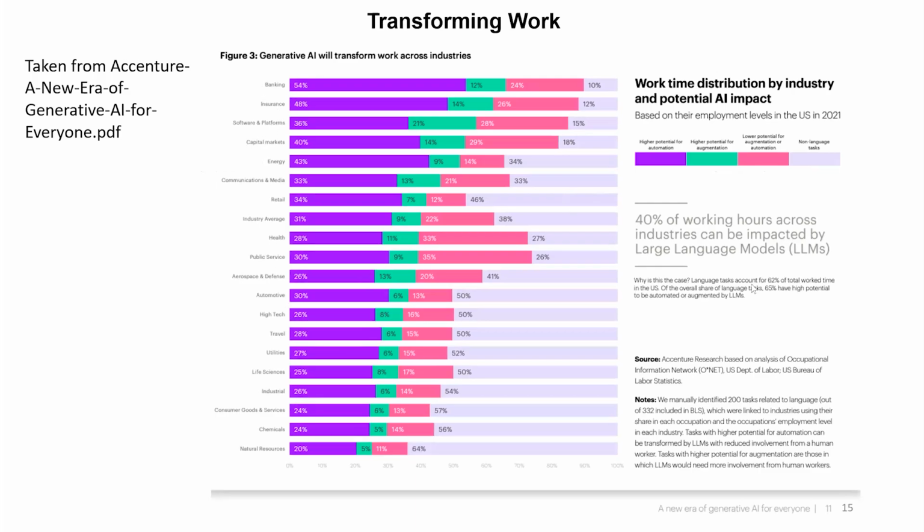In banking, there is high potential for automation with GenAI and high potential for augmentation, but there are language tasks that will not be easily replaced. Here it's quite small for certain sectors. So if you are teaching some of these courses or you're in these disciplines, you may want to keep a close tab on the developments of what the industries are doing.